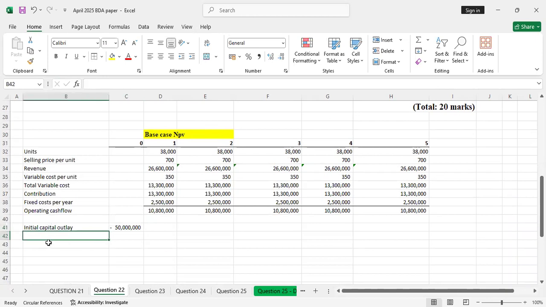The other item that we have is the residual value, which is the salvage value.